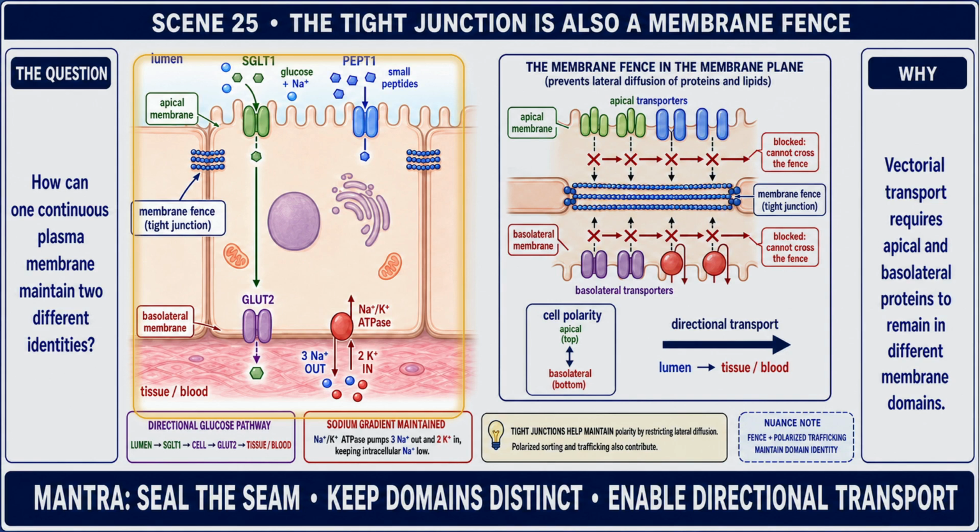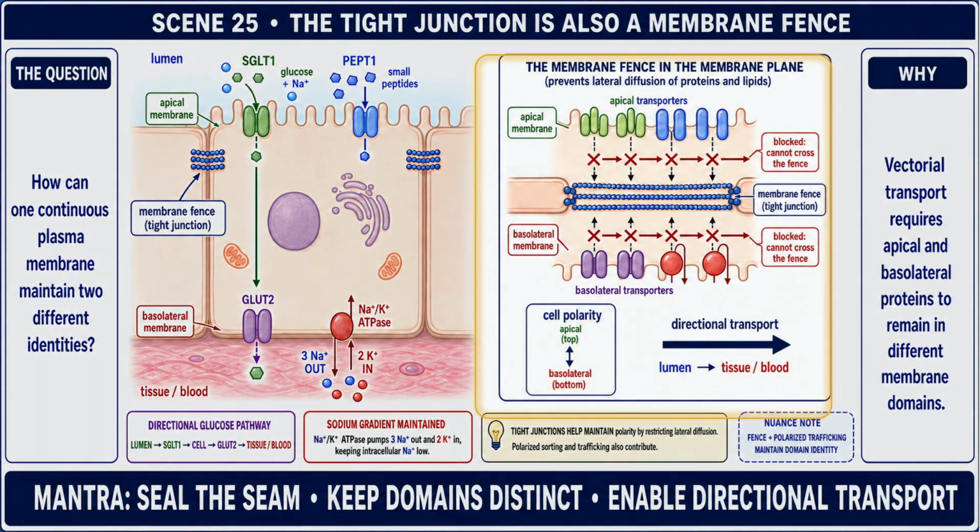Glucose then leaves through GLUT2 at the basolateral membrane. The sodium-potassium ATPase is also basolateral. It pumps 3 sodium ions out and 2 potassium ions in, maintaining the sodium gradient that supports apical glucose uptake.